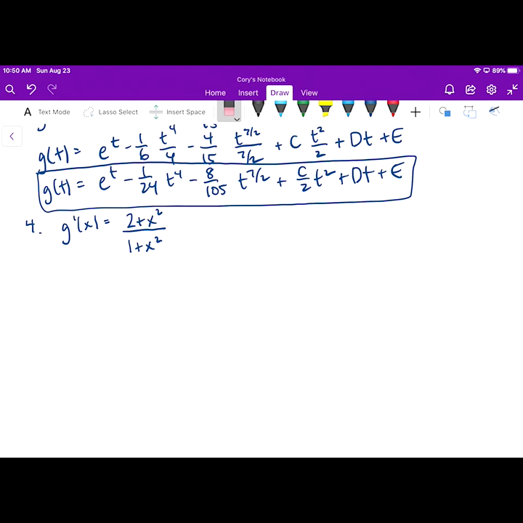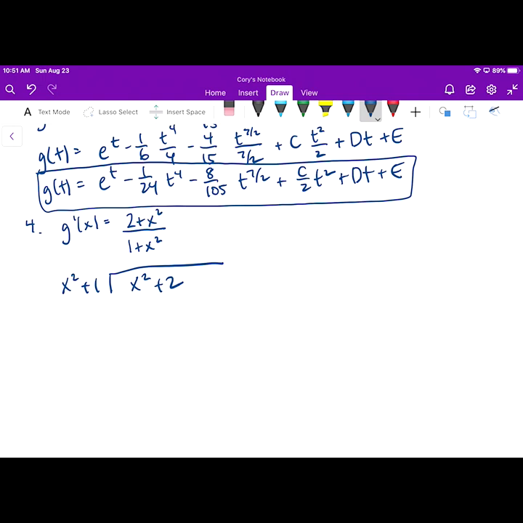Okay, so a technique that you can use in this particular instance, when you have a rational function that is not proper, which means the degree on top is greater than or equal to the degree on bottom, is you can long divide the denominator into the numerator in order to rewrite, in this case, our function g prime.